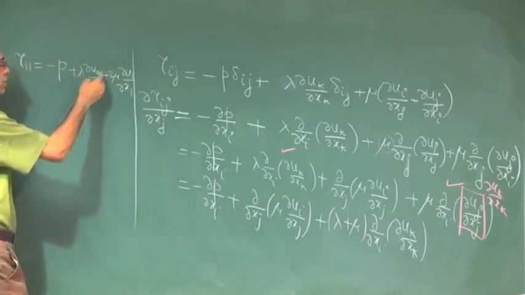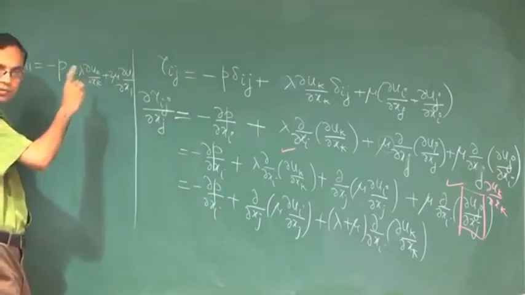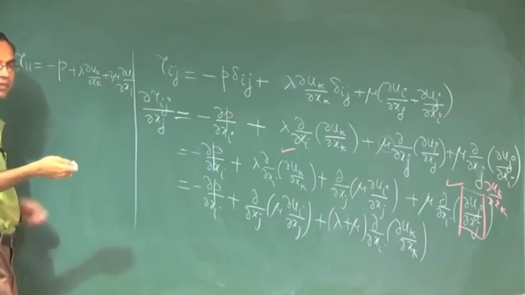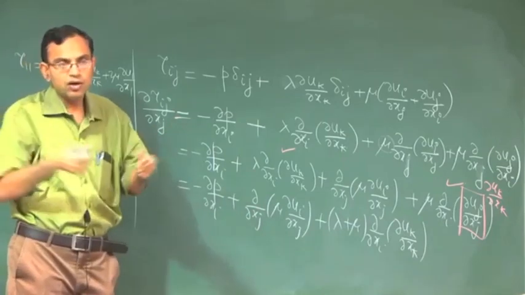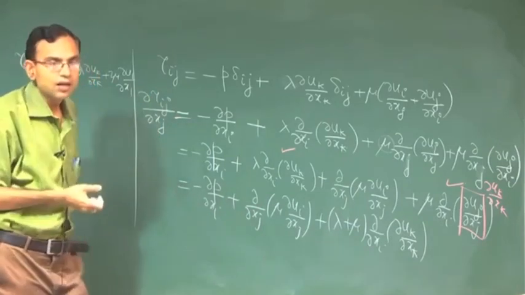And normal stress could be due to volumetric deformation, that is quite clear, that if there is a volume element which is stretching or contracting there should be a normal stress.